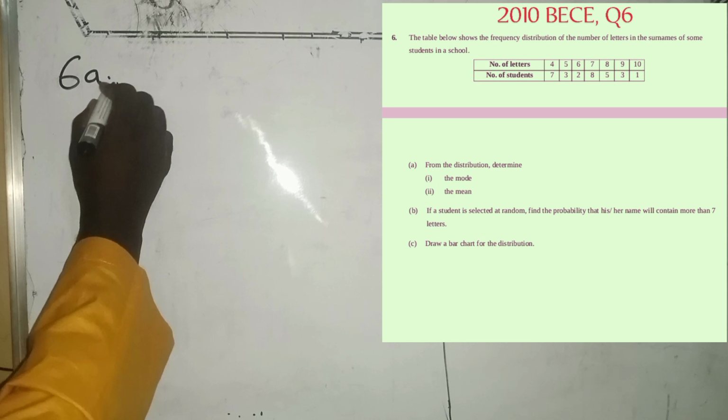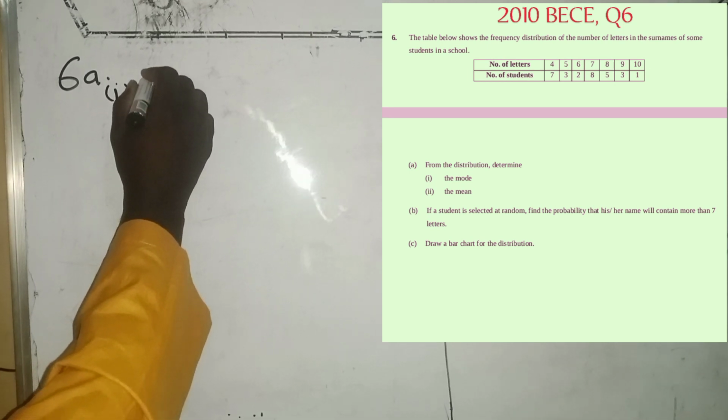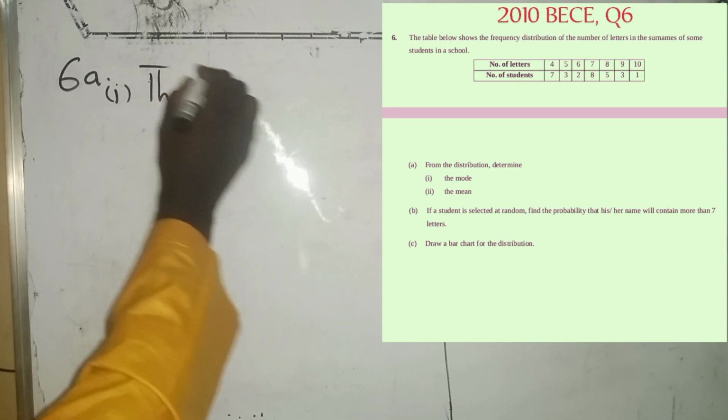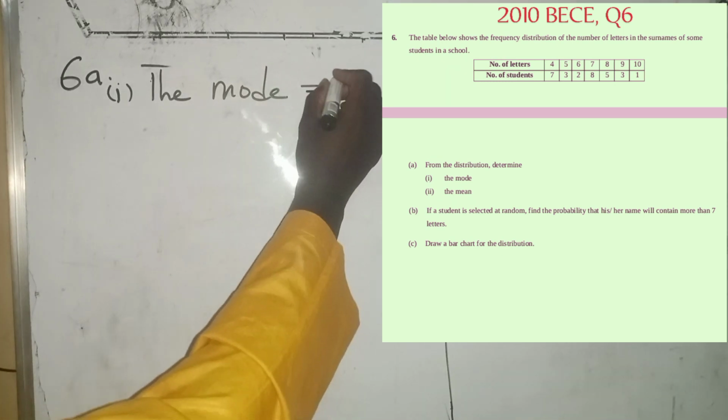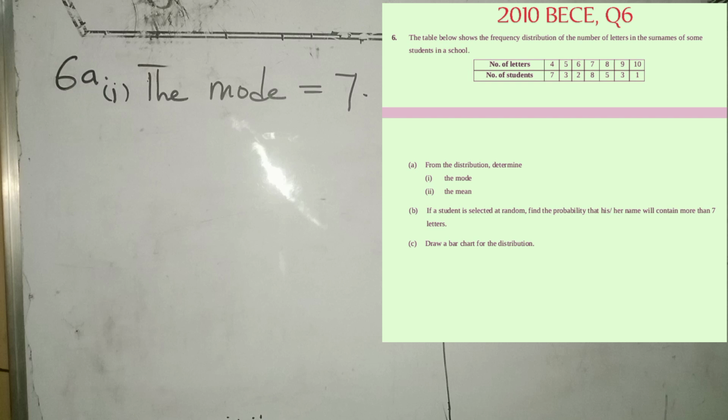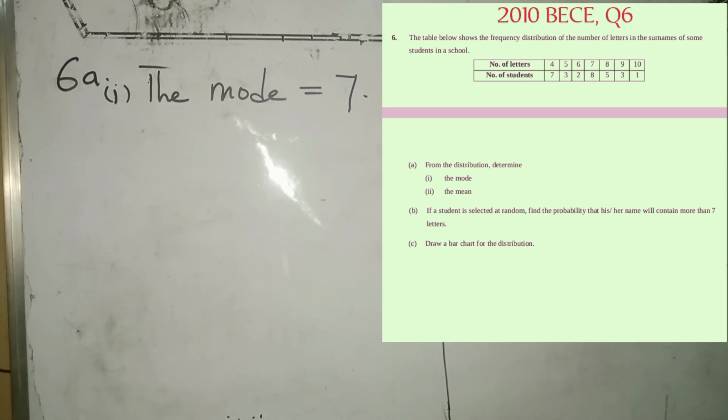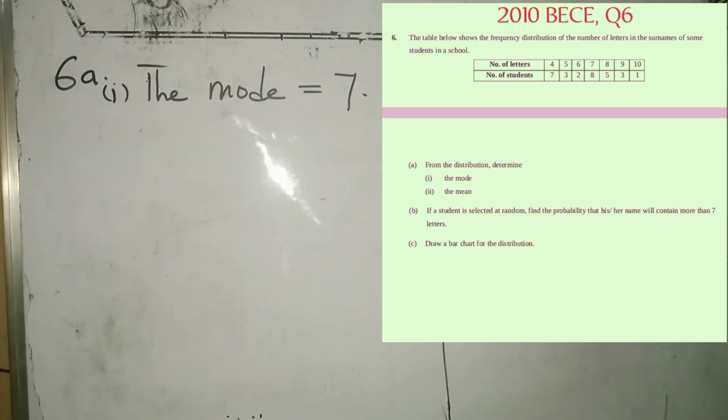So we have from the data, mode is equal to 7. Please, once again, as I explained, the mode is not the highest number of letters, that's not the mode, and the mode too is not just the highest number of students, that's the frequency 8.